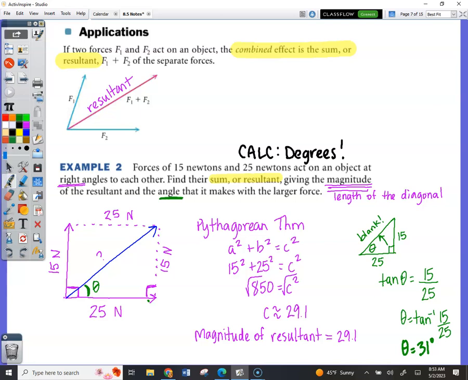Those are two totally different problems. This was give the magnitude of the resultant. That is a code phrase for give the length of the diagonal. And that involved us having to use the Pythagorean theorem. And then this was give the angle between the resultant and the larger side.